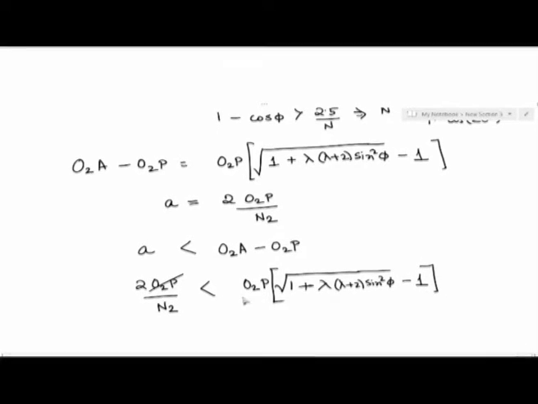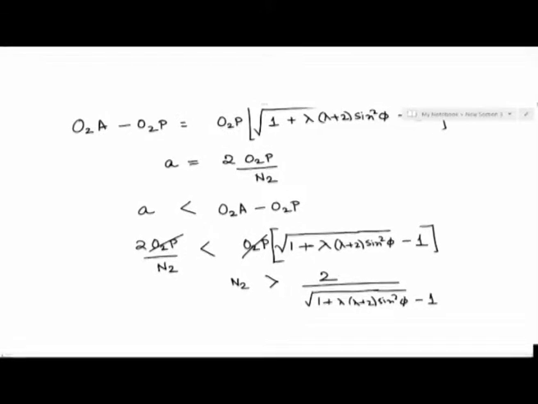So the O2P can get cancelled from both sides, and therefore you will have N2 greater than 2 by square root of 1 plus lambda into lambda plus 2 sine square phi, minus 1.